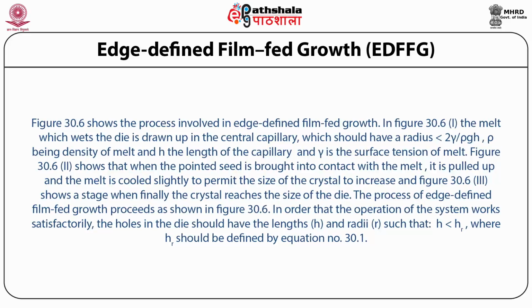In order that the operation of the system works satisfactorily, the holes in the die should have lengths represented by small h and radii represented by small r, such that h is less than h_r, where h_r is defined by equation 30.1.